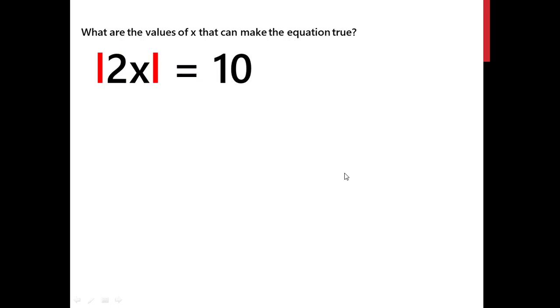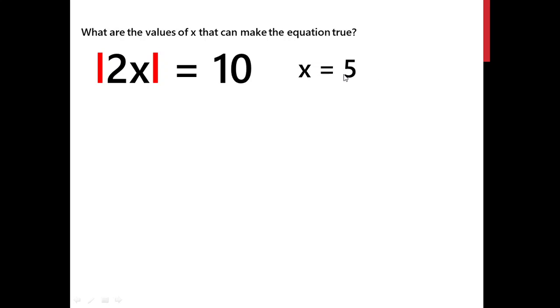So, what do you think will be the values of x to make our equation true? Go ahead and pause the video and try to use mental math to solve this. You have it? Is your answer 5?